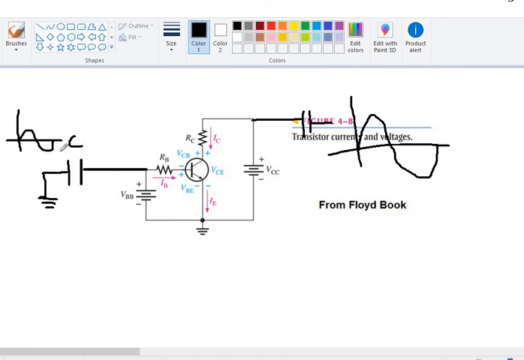Faithful signal means as it is, when you are providing a small signal, and this circuit is in fact used for amplification purpose. The purpose of amplification is that if you provide a smaller AC signal, it will come at the output as a higher signal and as a faithful signal. Faithful signal means it will not get distorted anywhere, it will not be clipped or change its shape.